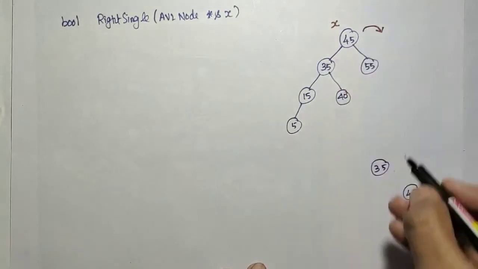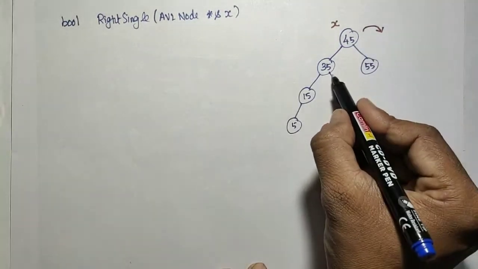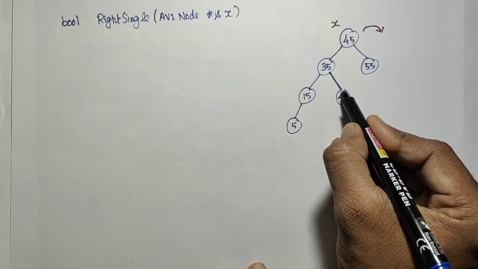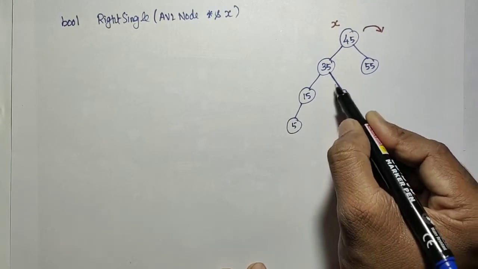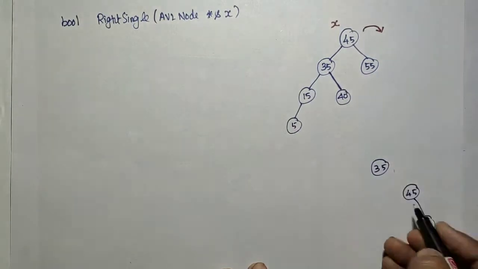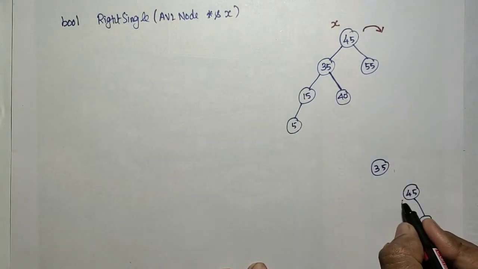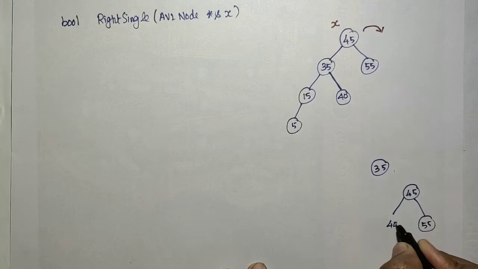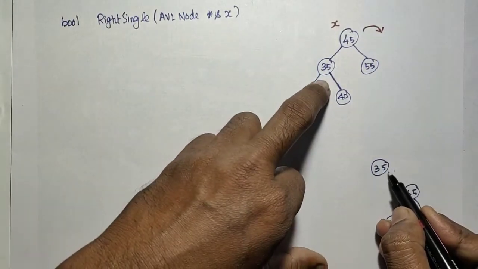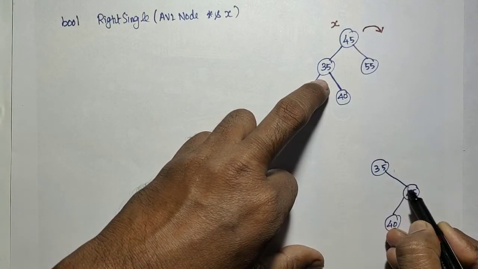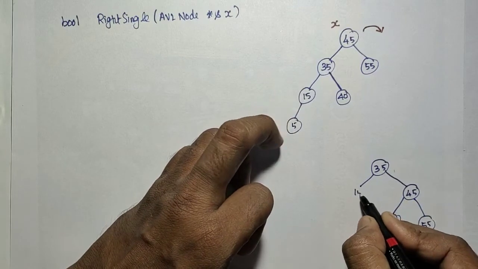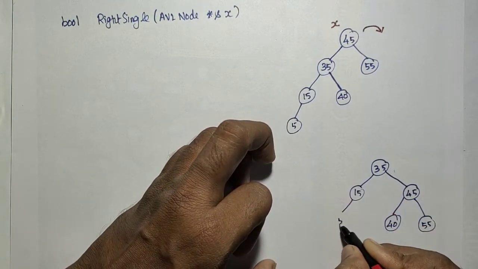and the 35 will become the root, and the 35 is having any right, even if it is a null or if it is having the node, any right, that will be joined on that 45. So that is 40, and then the 35 right will be updated with that x here, and there is no change in the left of the 35, 15 and 5, like this.